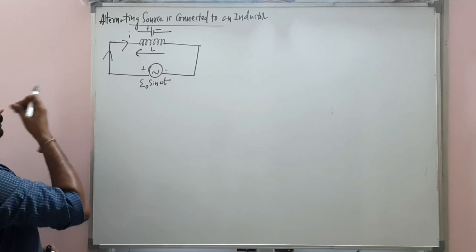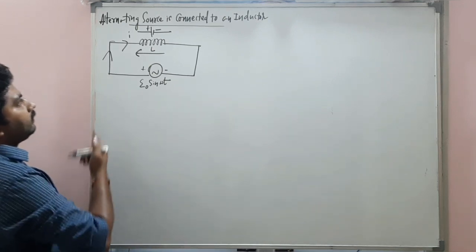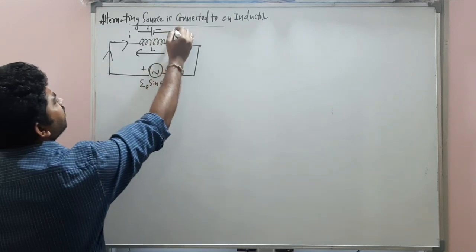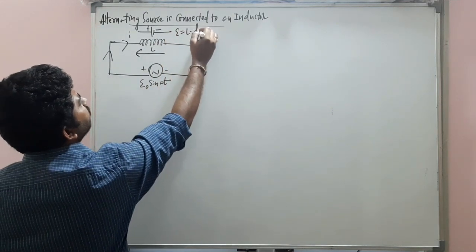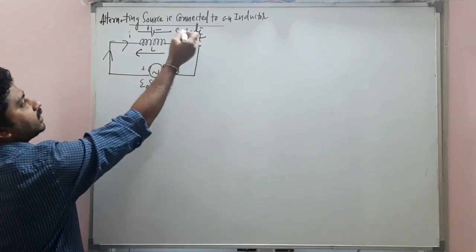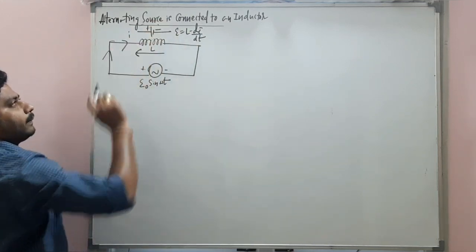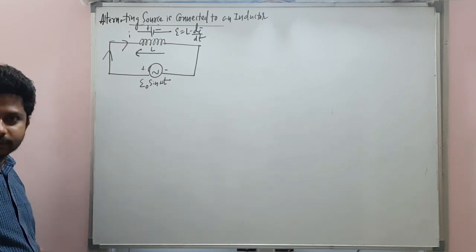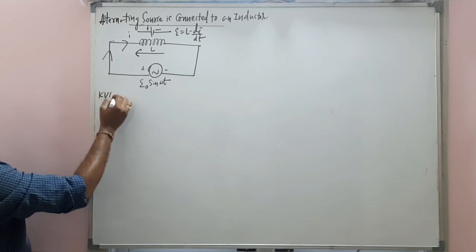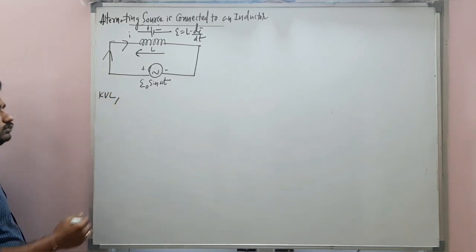Now if you carefully see here, this E is equal to L into di by dt. We know this cell; a negative sign is already represented with this cell. No confusions. Let us apply Kirchhoff's voltage law here also.